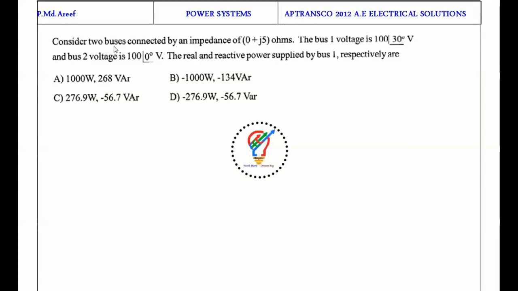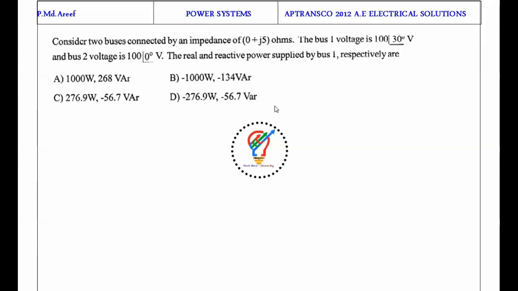Next question is: consider two buses connected by an impedance of 0.05 ohms. The bus 1 voltage is 100 at an angle of 30 degrees and bus 2 is at an angle of 0 degrees. Find the real and reactive powers supplied by bus 1, respectively.